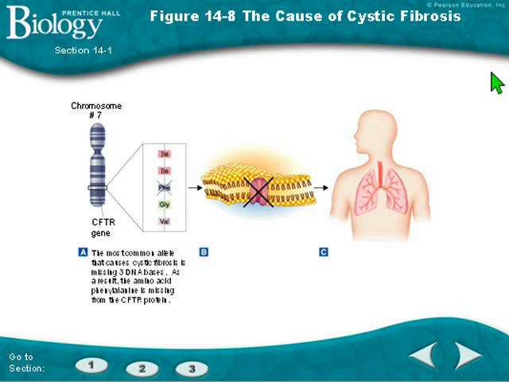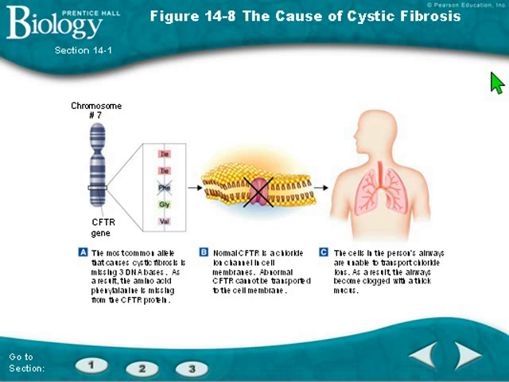The CFTR protein is used to transport chloride ions, and if you don't have the normal CFTR, you can't transport it, and as a result, with the chloride loss, you end up creating mucus that becomes clogged in your lungs and makes breathing very, very difficult.